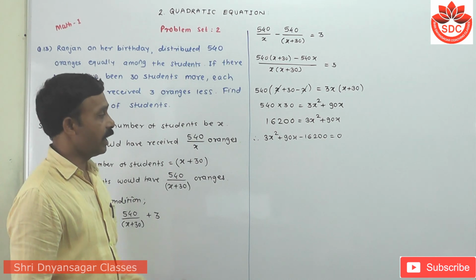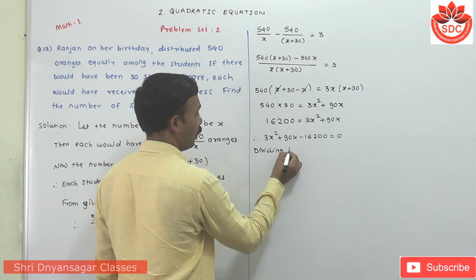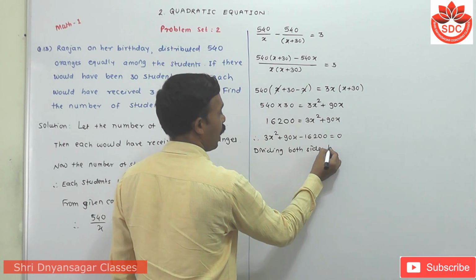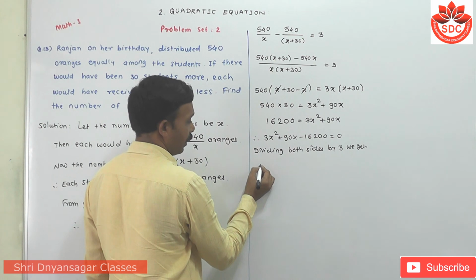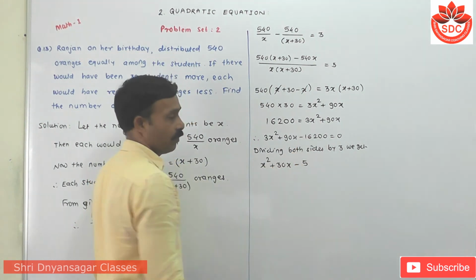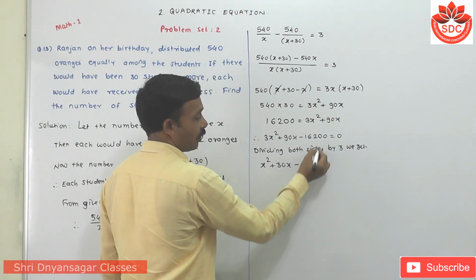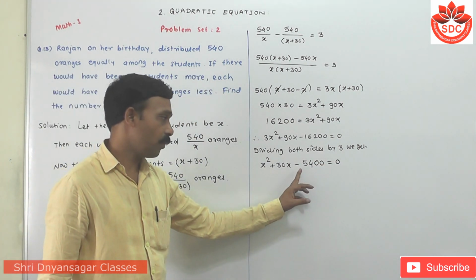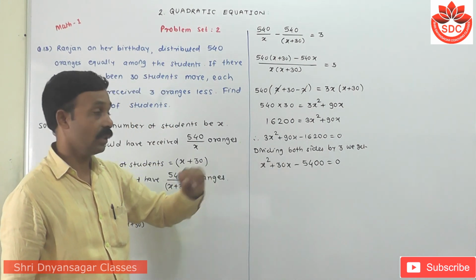Then divide both sides by 3, we get x square plus 30x minus 5400, 3 5s are 15, carry 1, again 12, 3 4s are 12, 0 0, is equal to 0. Student, find out the factors of minus 5400 such that their addition is 30.